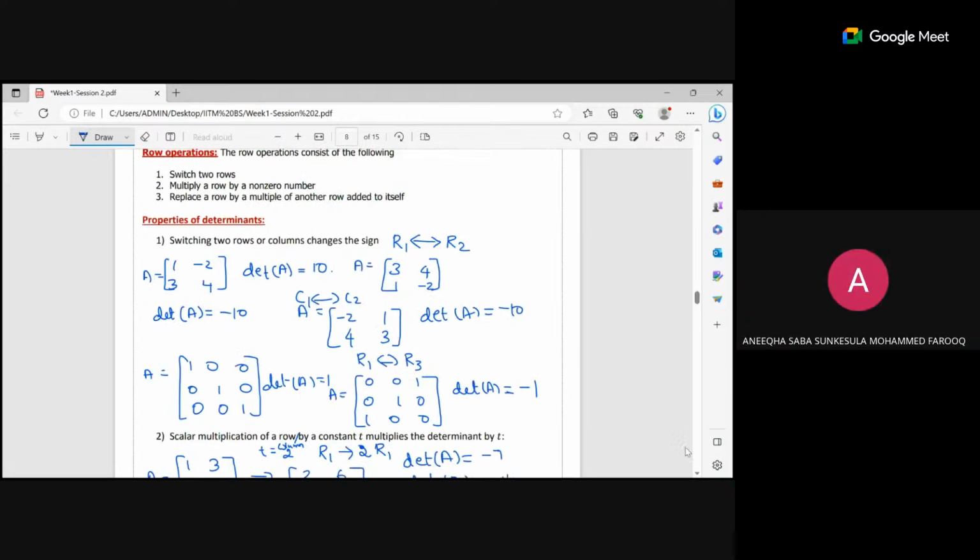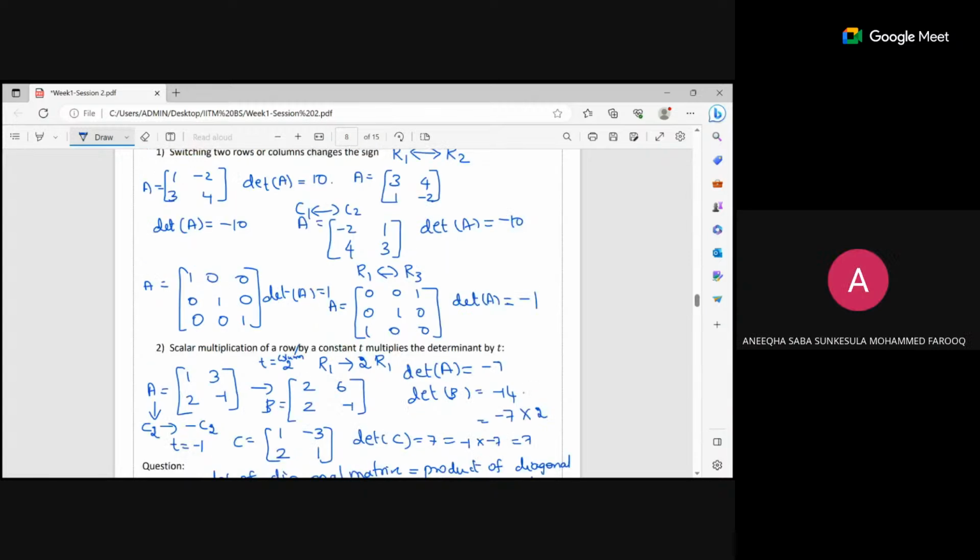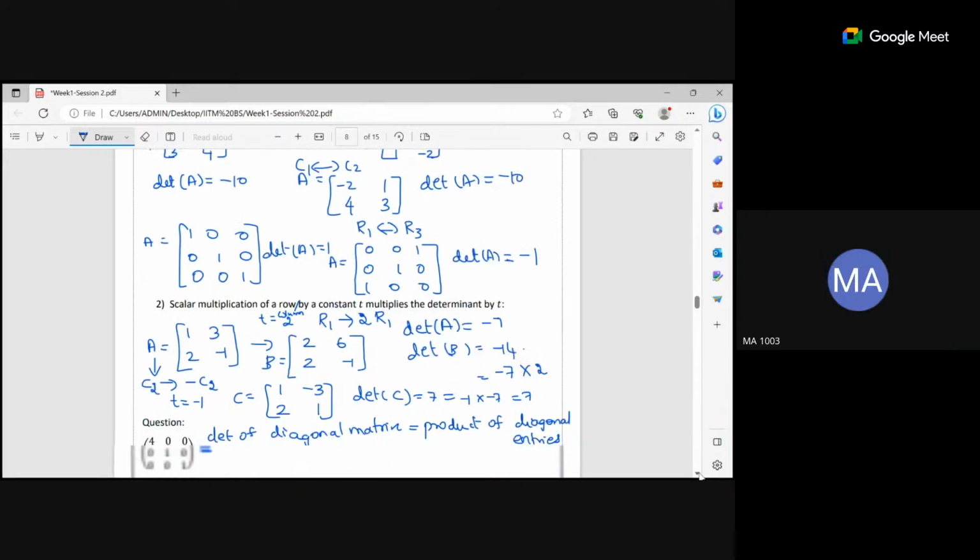Over there, the matrix A is basically being multiplied by 2, correct? Not the matrix, just the first row is multiplied by 2. It's not the entire matrix multiplied by 2. Oh, I see. Okay, thank you, ma'am.